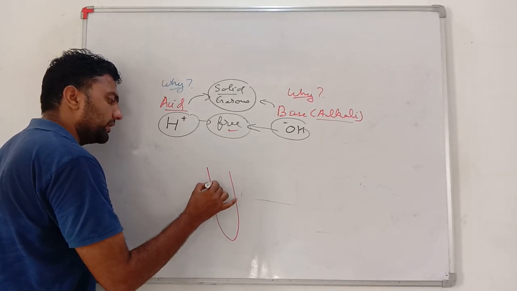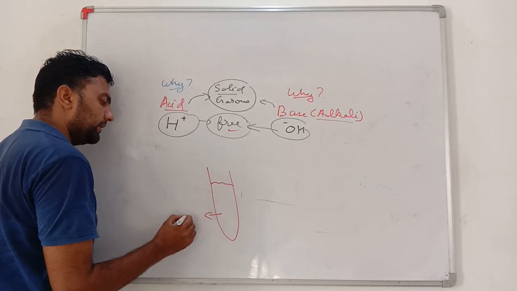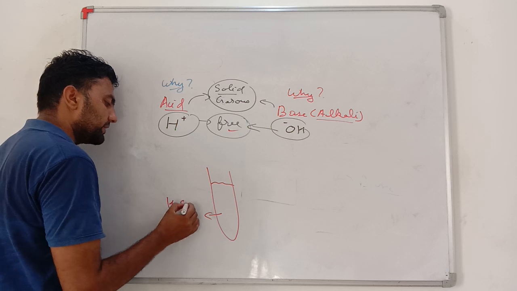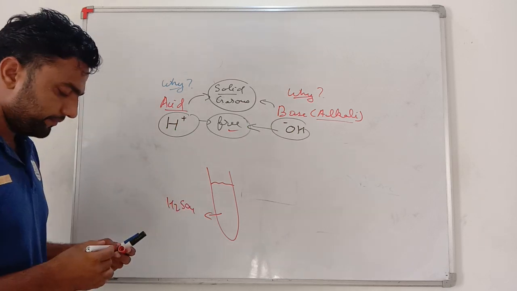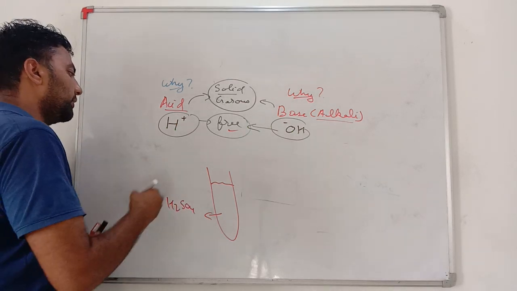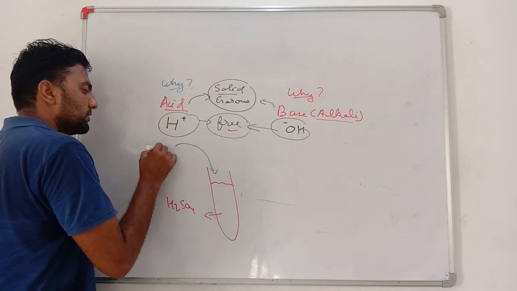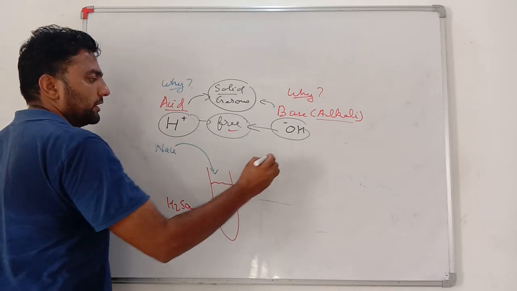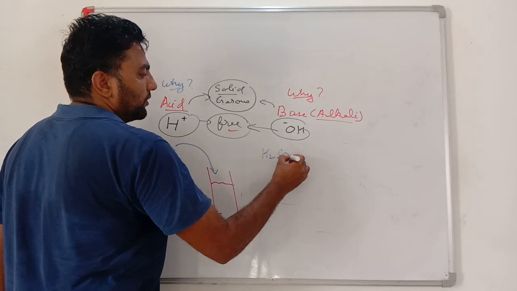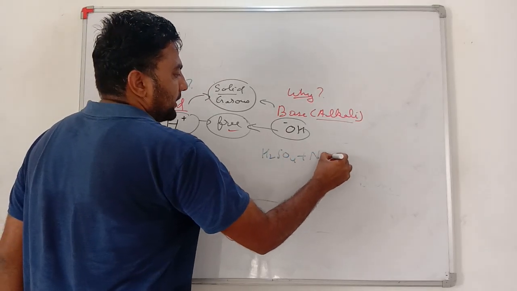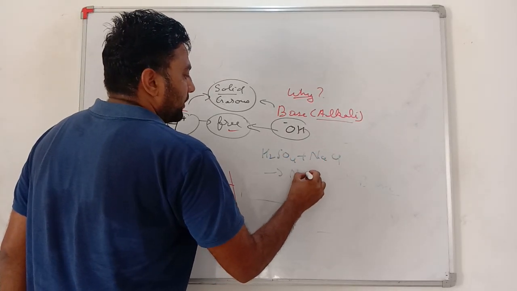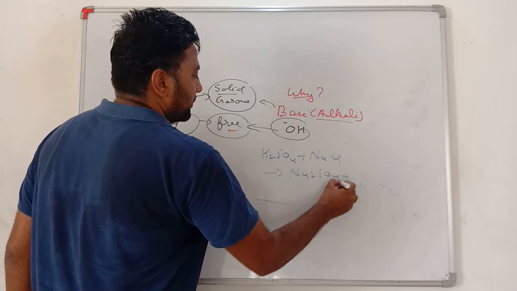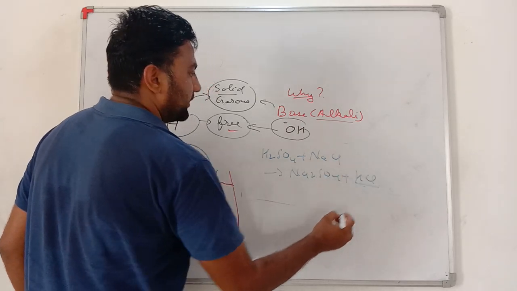Let's take a beaker and add sulfuric acid, H2SO4, into it. Okay. Now add some salt into it, NaCl. So H2SO4 plus NaCl will give Na2SO4 plus HCl.